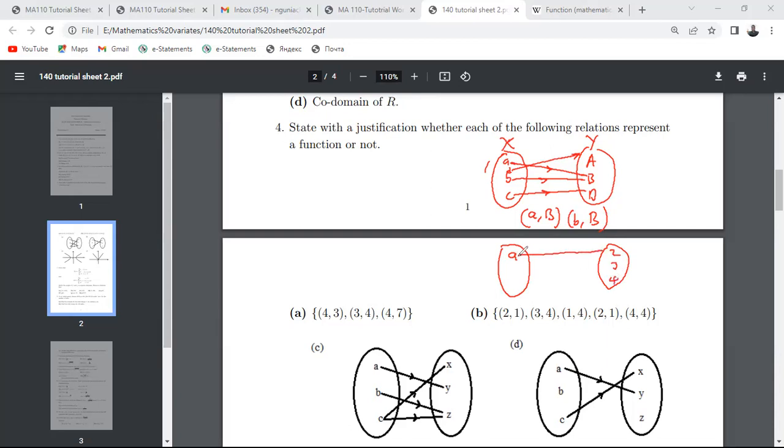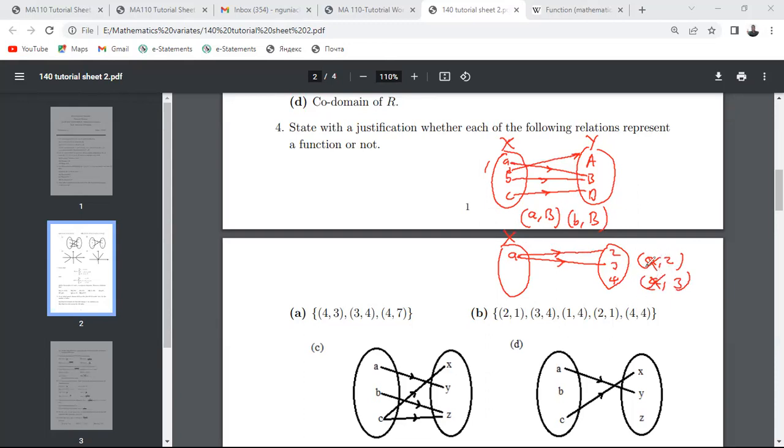We have two arrows coming from the same element in the domain. This is not a function. This is not a function as long as there are two arrows coming from the same element. So we can't have A, comma 2, and we can't have A, comma 3. This is not a function.